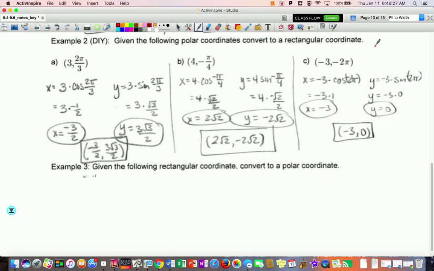I might have just done negative 2 pi as my answer right here. This is the angle. And then I go over here, negative 3, put my dot, because the negative 3 sends me to the other side, and so negative 3, 0. So you don't have to use the formula, but it makes it pretty easy if you do.